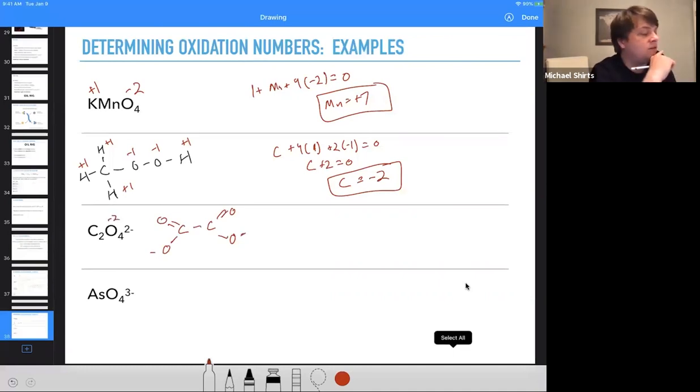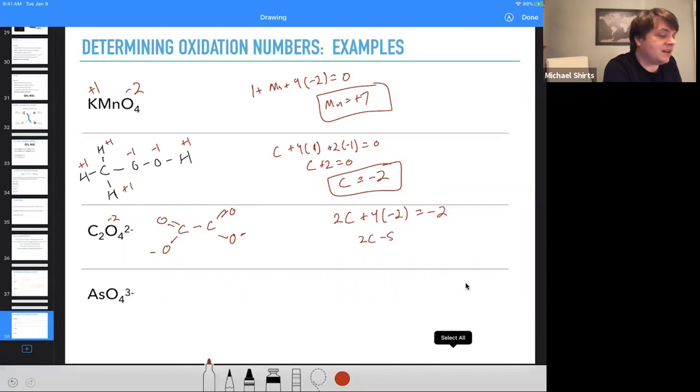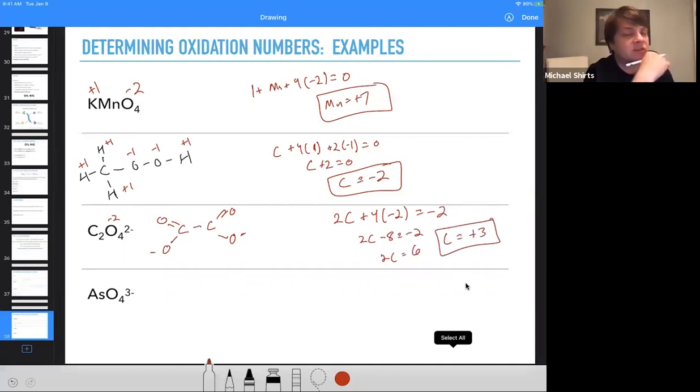And notice the overall charge is -2, not 0. So we have 2 times C, which is unknown, plus 4 times -2, equal to -2. That's 2C - 8 = -2, so 2C = 6, and C = +3. The oxidation number of carbon is +3. It's symmetric, so they should have the same numbers.